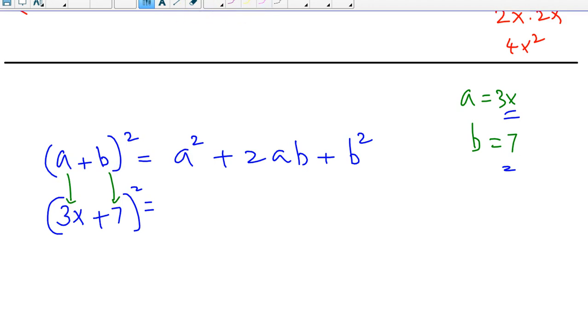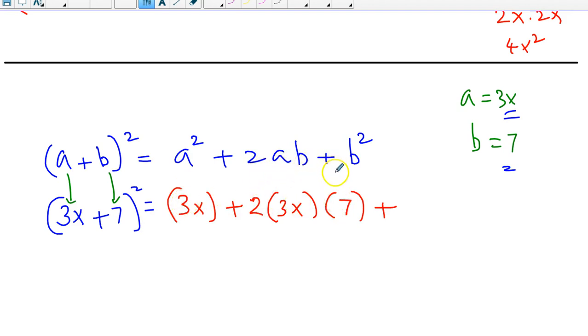So my answer is going to be A square, which is 3x square. Just replace whatever you see for A, and 2 is in the formula. 2 always comes, it will be there. 2 times the first, that is A, 3x, times B, the second term. A square you got 2AB plus B, that is 7 square.